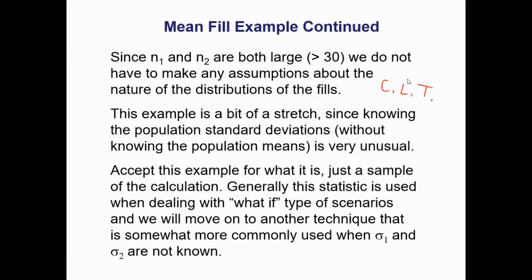And we'll move on to another technique that is somewhat more commonly used when sigma is not known. Anyways, we actually already saw it yesterday. We saw that technique. That's where we had to do that big old fancy degree of freedom formula.